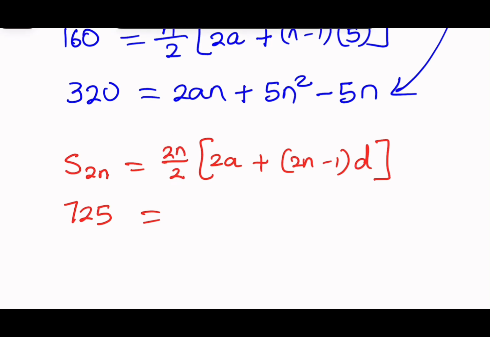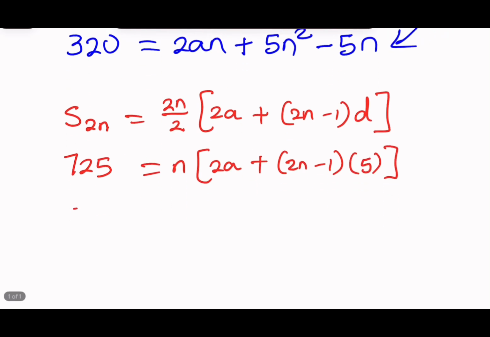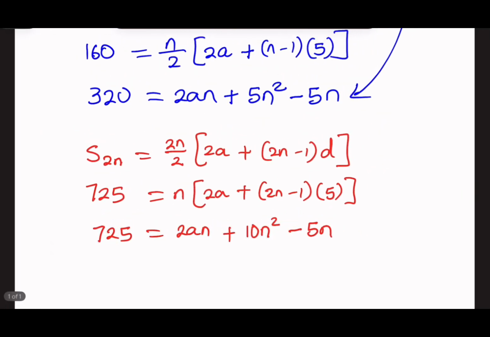So n times the bracket: 2a plus (2n minus 1) times 5. Simplifying, I get 2an plus 2n times 5 times n, that's 10n squared, minus 5n. And I've got the two equations now: that as my first equation, and this as my second equation.